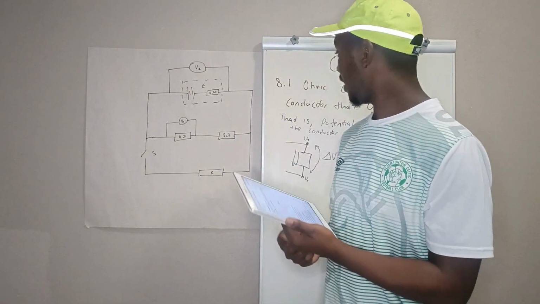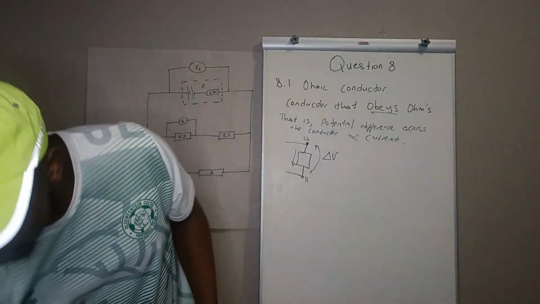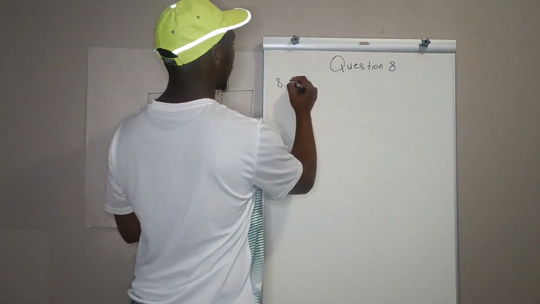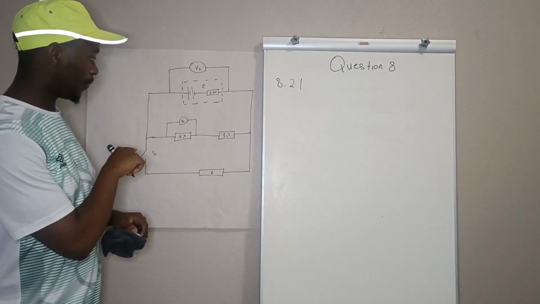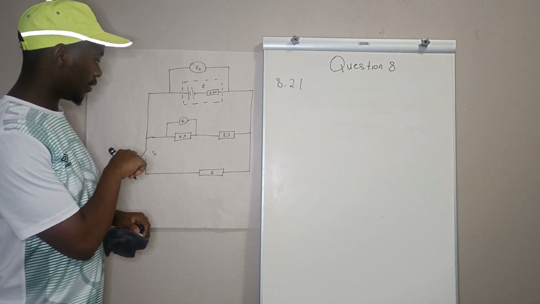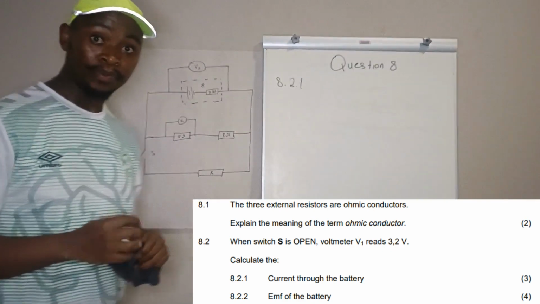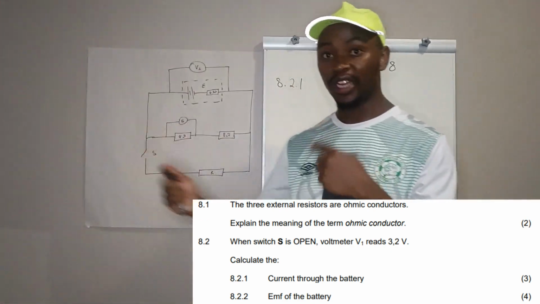Okay, let's try and understand this statement. So 8.2.1, they are saying that this switch is open. Now understand me. When a switch is open, remember we say something is a conductor.